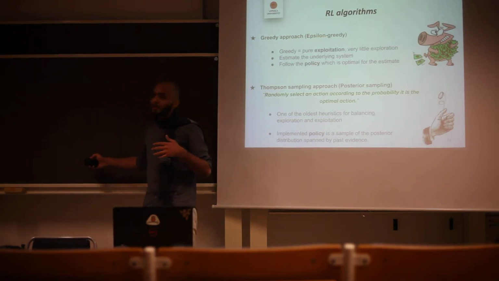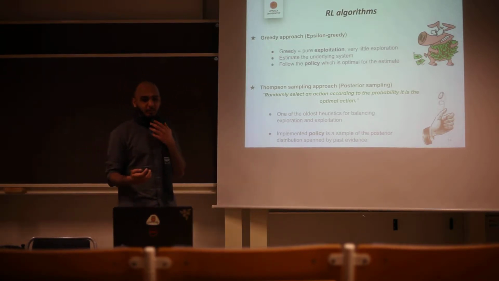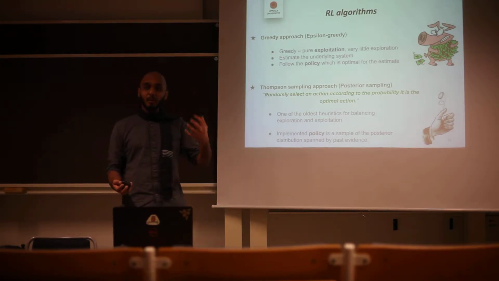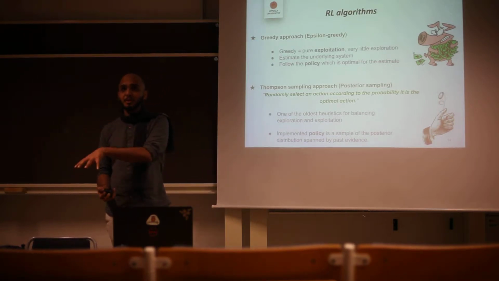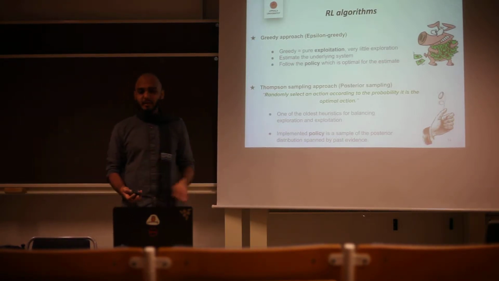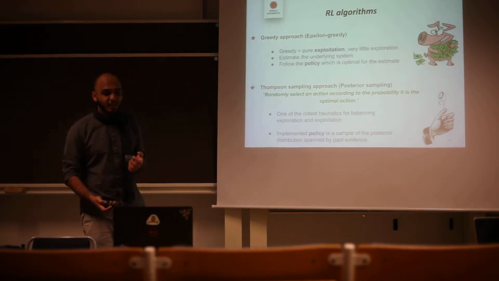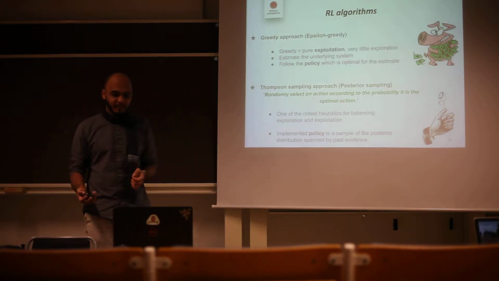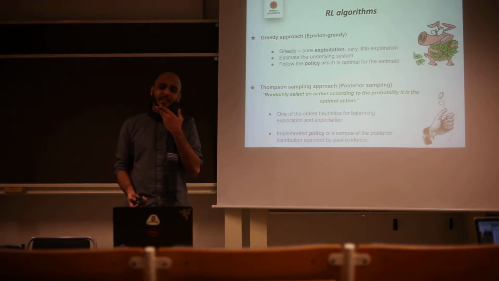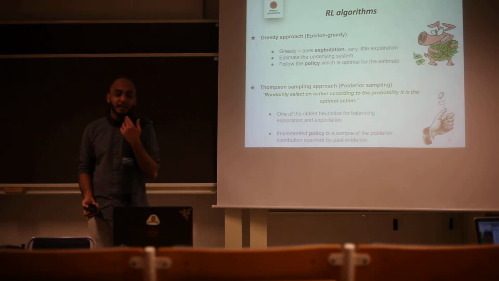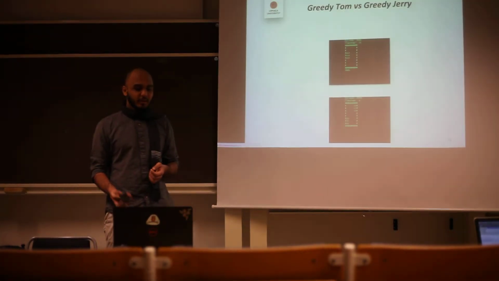You have no idea about anything, and you need to start associating by sampling from what you know in order to update the posterior of the distribution, and it goes on in a loop. You keep updating your prior and start understanding what you're learning. We'll see some analysis of these two, which will give us a better idea of how they are in action.